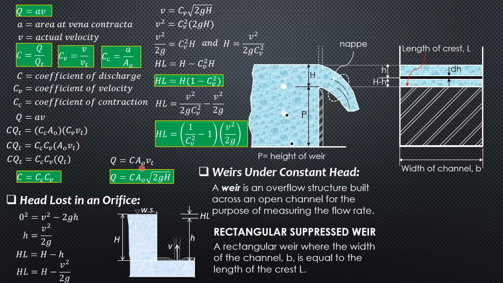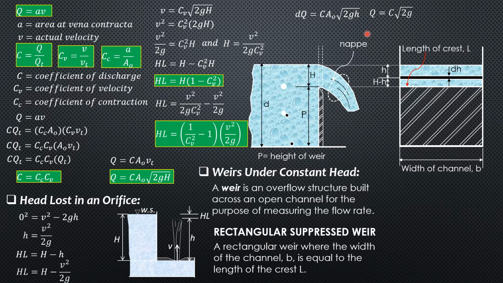From the orifice discharge formula, which we use here, differential discharge equals the coefficient of discharge in a weir, times the area of the orifice, which is the area of this strip, L dh, times the square root of 2g times small h.